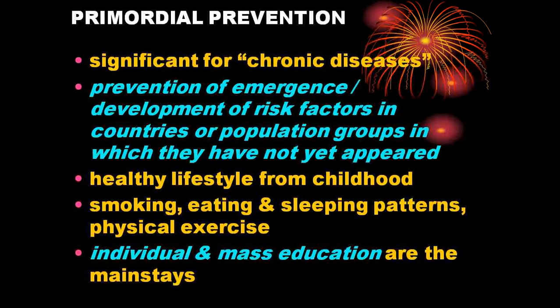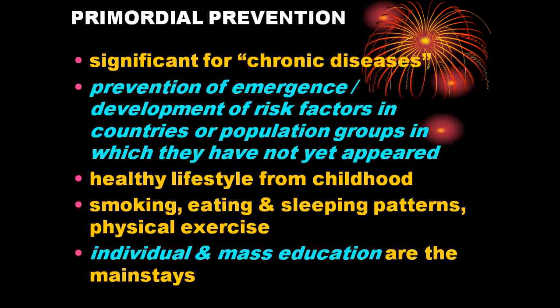So remember, primordial prevention is prevention of emergence or development of risk factors in population groups in which they have not yet appeared. So you assume, you think it may appear, and therefore you stop it by speculating. What are the examples I've just given you?